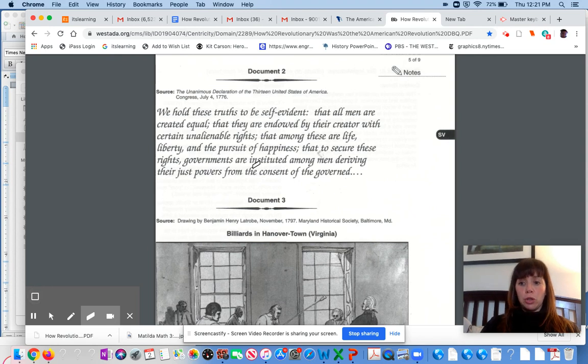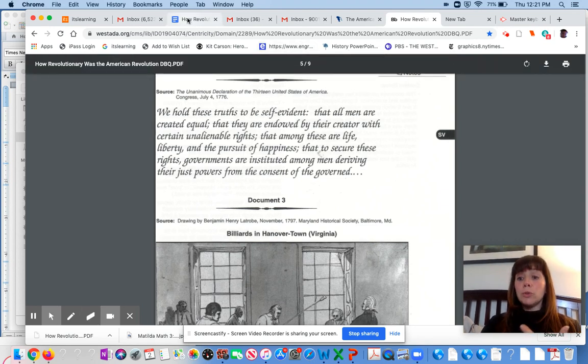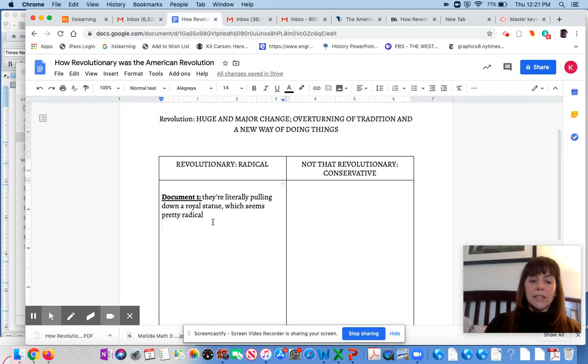So document 2, the Declaration of Independence, clearly is going to show how radical and how revolutionary the American Revolution is. So this is clearly, obviously, very, very radical. But I want you guys to think about what words in there you would use that could explain why, yes, this is revolutionary, this is radical.